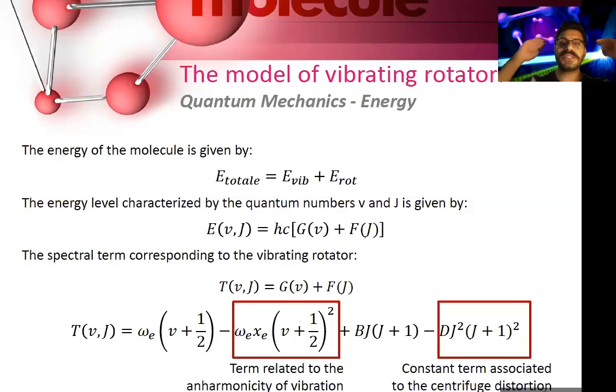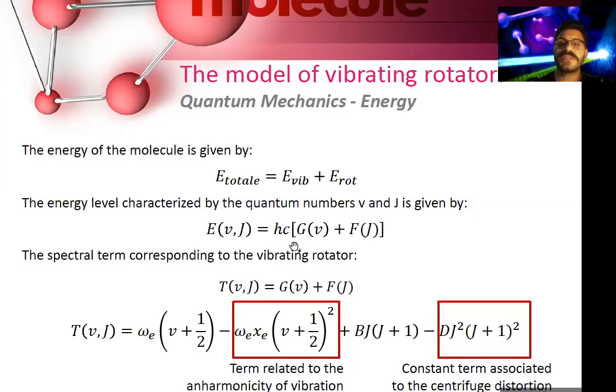So in the first approximation, where we consider that the two motions are totally independent, simply the energy in this case, the total energy of the molecule, would be the energy of vibration plus that of rotation. If we write that as we did in the previous chapters in terms of spectral terms, we just simply add them.